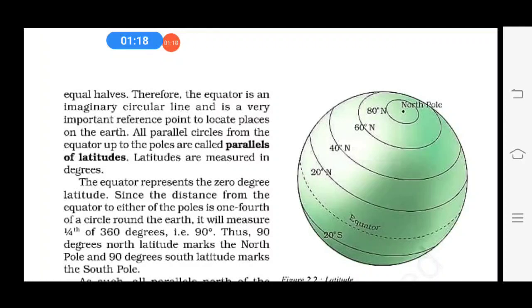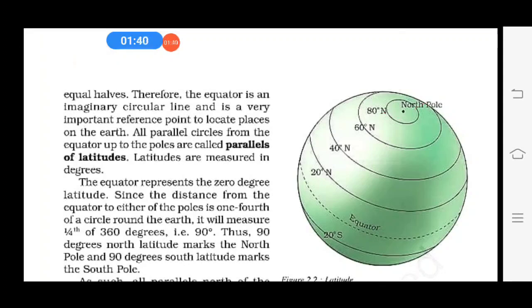Why 360 degree? Because a circle has an angle of 360 degree. So 1/4 of 360 means 90 degree. Thus 90 degree north latitude marks the North Pole and 90 degree south latitude marks the South Pole.